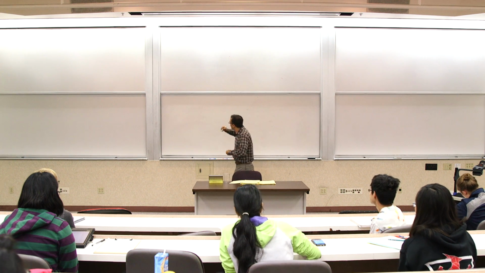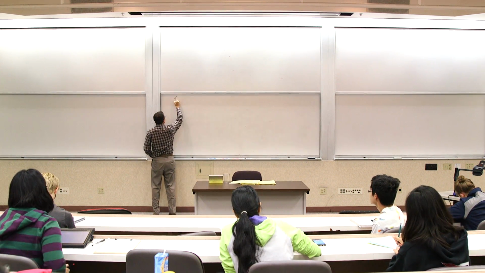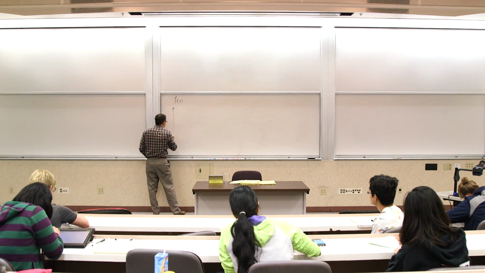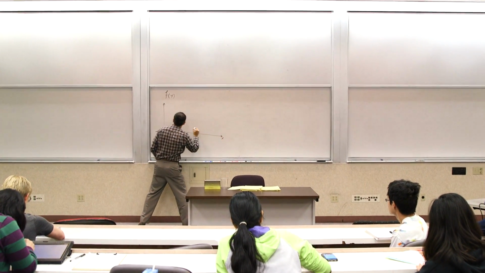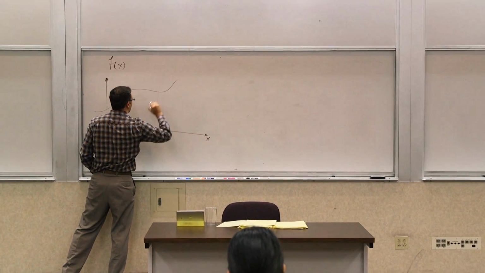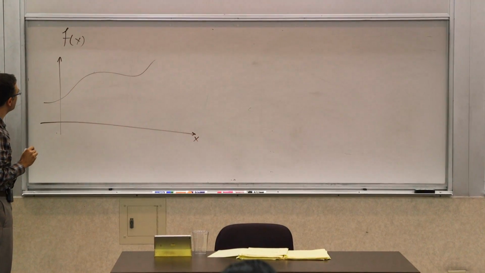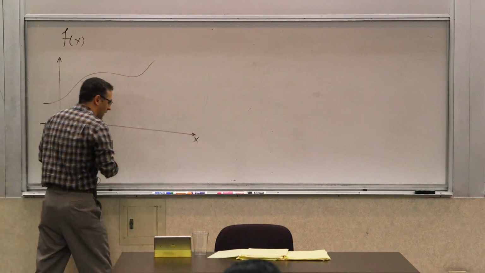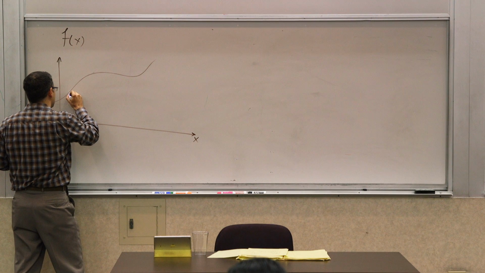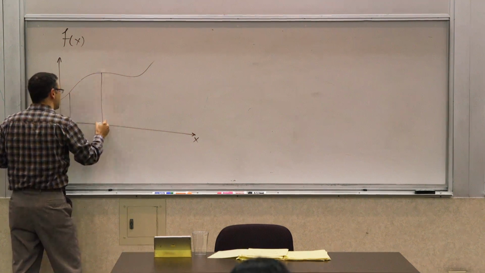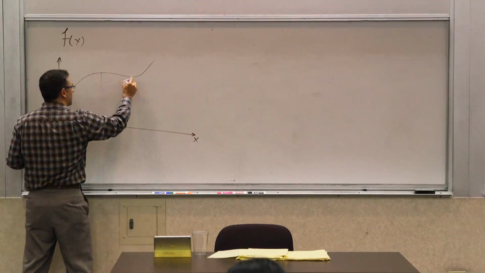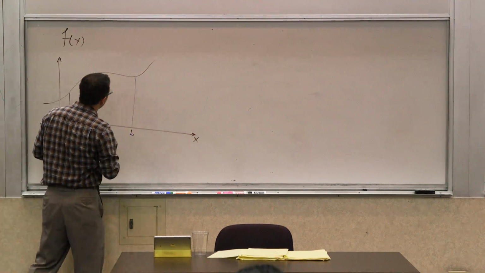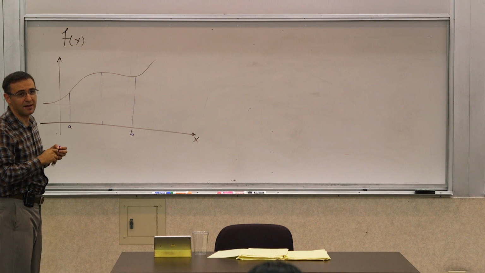It says that if you have a function f of x, let's say this is x, so this is some function f of x, and if you're interested in determining the area under this curve, say from A to B, it says something quite interesting and remarkable and very useful.